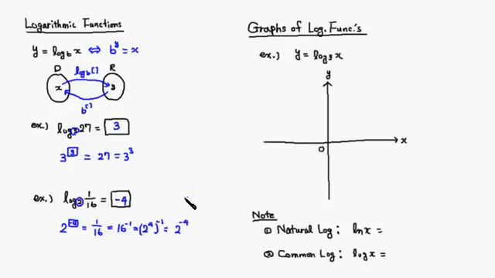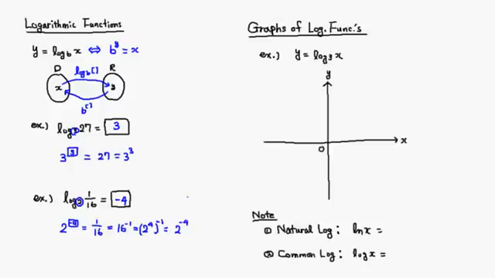All right, so that's how you evaluate log expressions. Logs are generally a little too hard, so we just think in terms of exponential functions. Since log functions are inverses of exponential functions, we can easily sketch the graph of log functions. Let's look at the example y equals log to the base 3 of x.